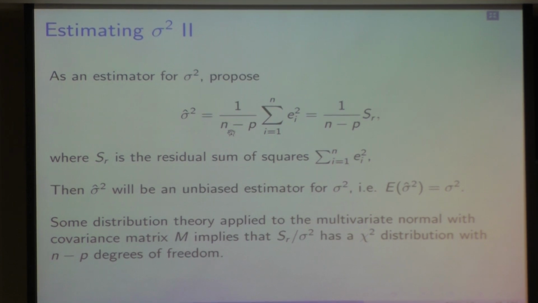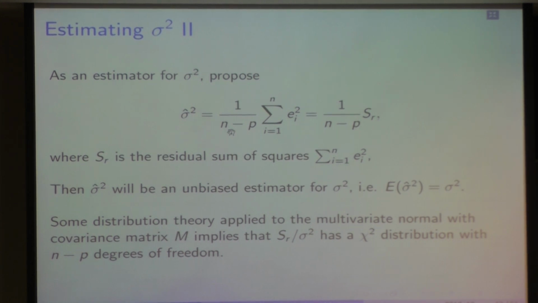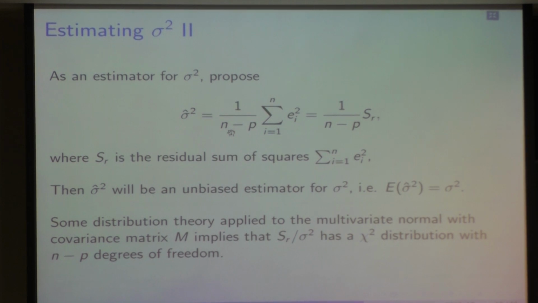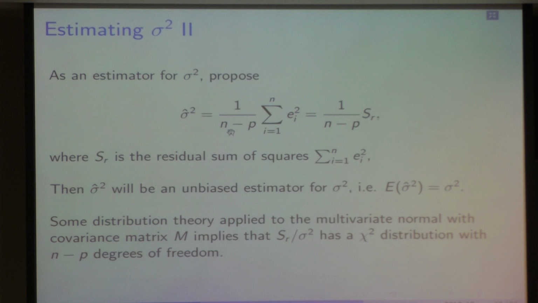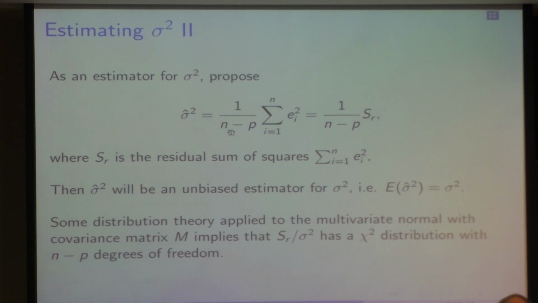A bit of distribution theory, which I'm not going to go into great detail on, tells us that if we look at the multivariate normal distribution with the covariance matrix which was given by this M, and we take the sum of the squares of the components of such a multivariate normal distribution, we get a chi-squared distribution with n minus p degrees of freedom.